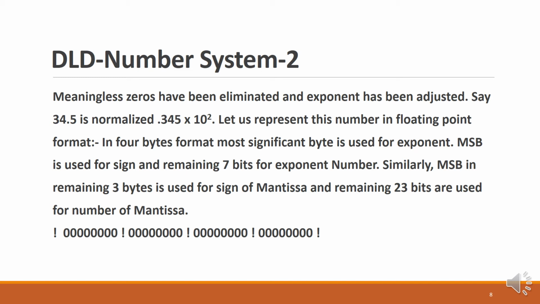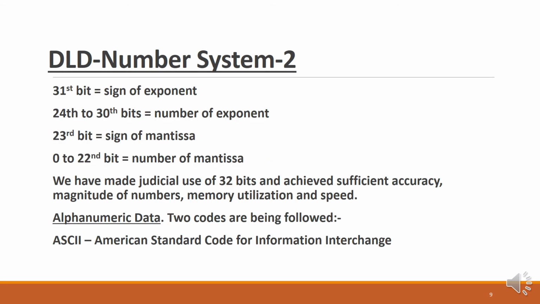So we can say the same thing: the 31st bit is for the sign of the exponent, bits 24 to 30 are the number of the exponent, the 23rd bit is the sign of the mantissa, and bits 0 to 22 are the number of the mantissa.